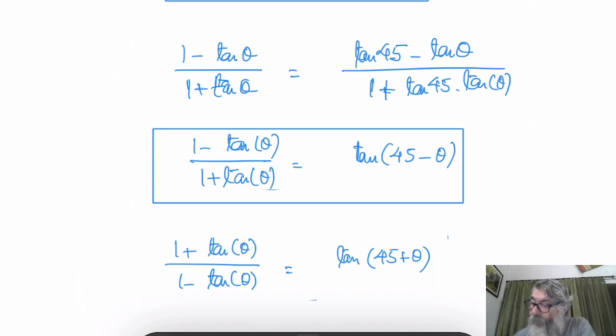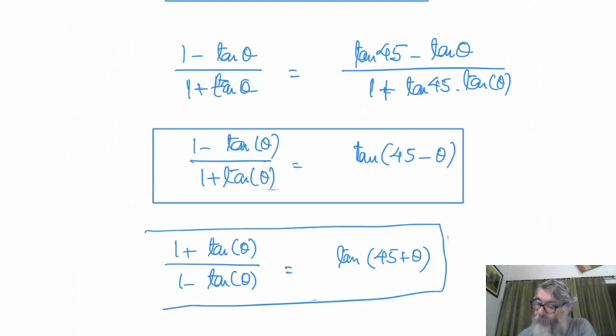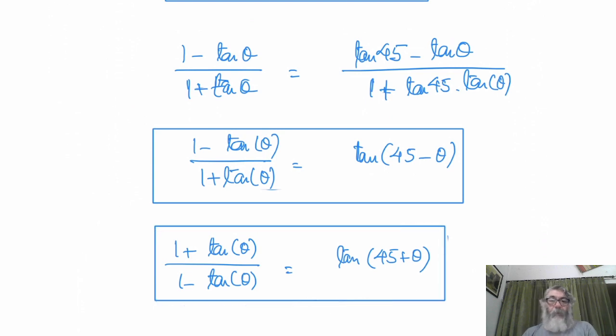So we have got both the formulas. Now, one more question because my time is exceeding the limit.